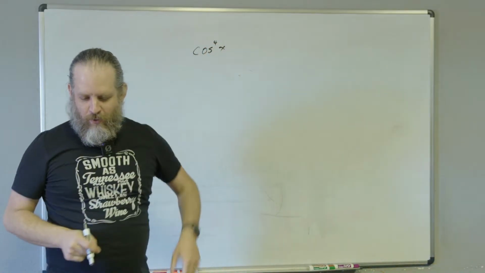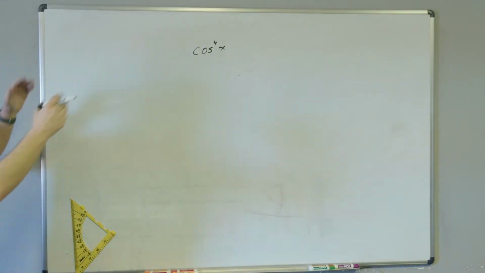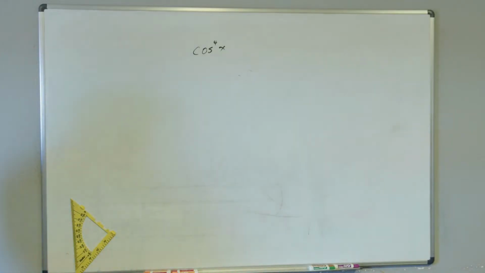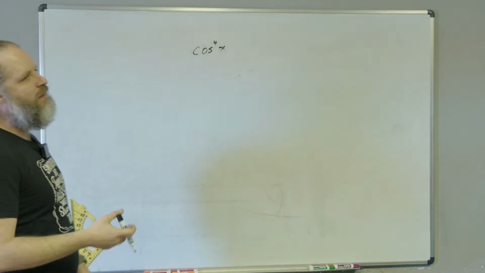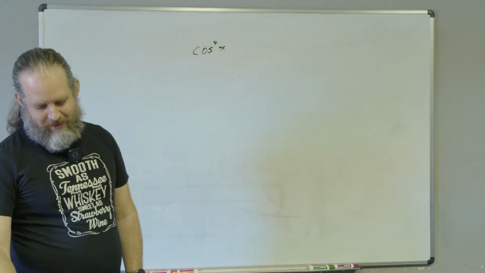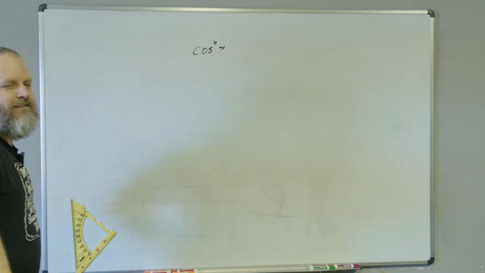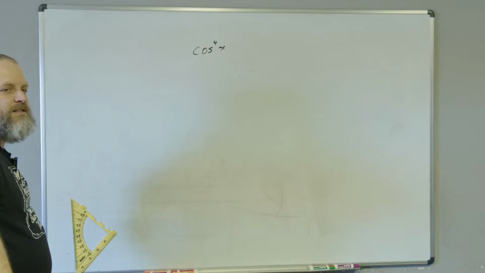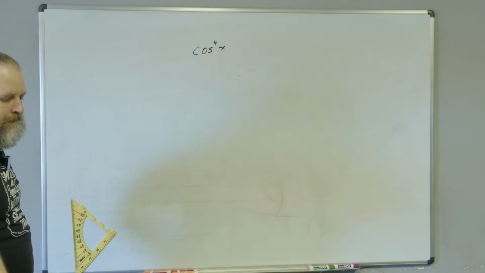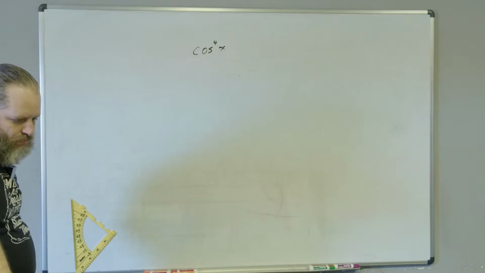Okay, so we are expected to rewrite cosine to the 4th of x in terms of trig functions with no power greater than 1. So 4th equals bad. Is this going to be a dumb question? It's a question of whether we take the 4th into what.